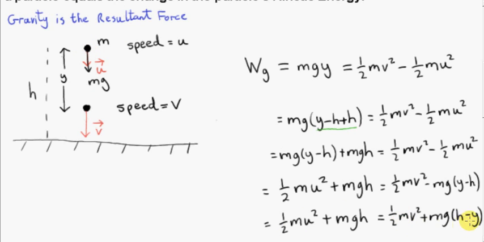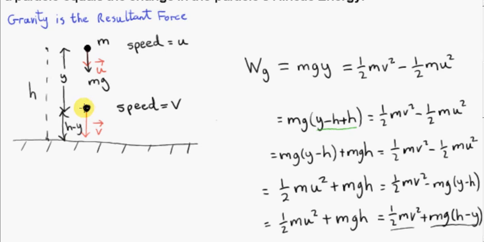Now what about this quantity here on the right hand side? Well, this quantity is the kinetic energy of the particle when it's here. What about this quantity here? Well, I just took the minus sign in here, and you see that h minus y is actually the height of the particle above the reference level when it's here. See, it's h from here to here. So if we take h and subtract y, we get this distance here.